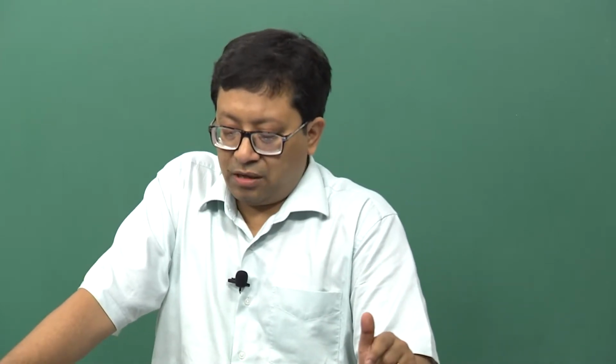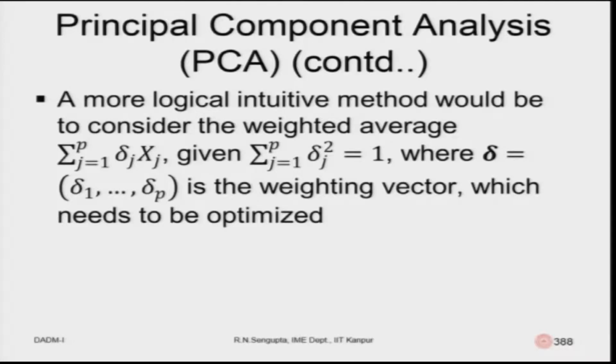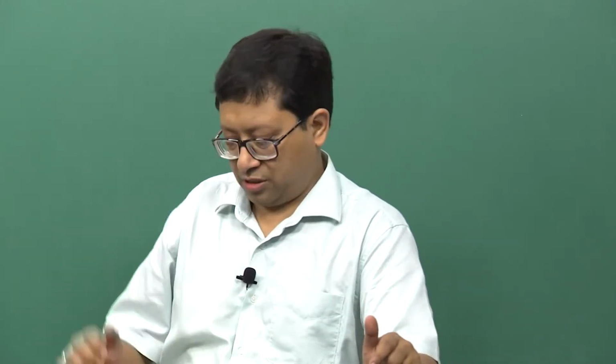Here, the vector lambda consists of the elements lambda 1 to lambda p, and these are the weights which need to be optimized so that we give the maximum information coming out of the minimum set of variables. That means dimensionality is being reduced.